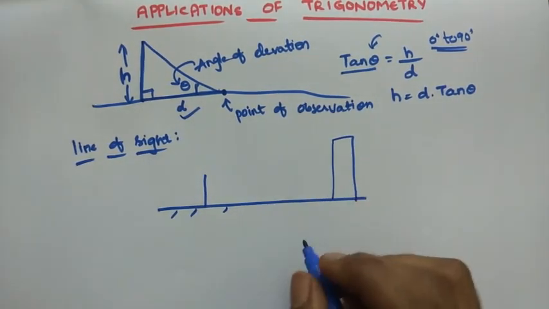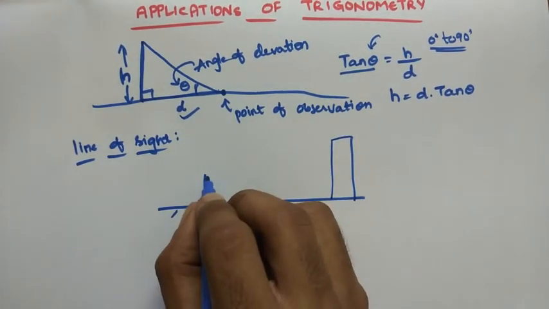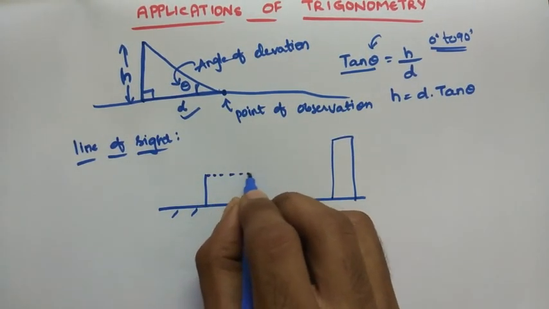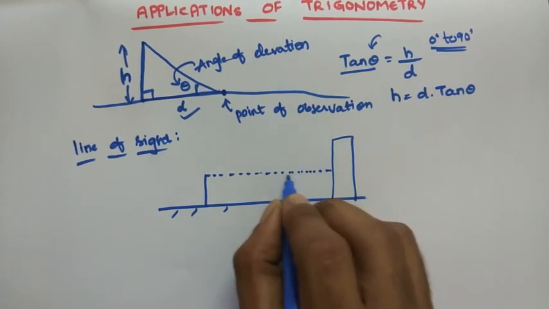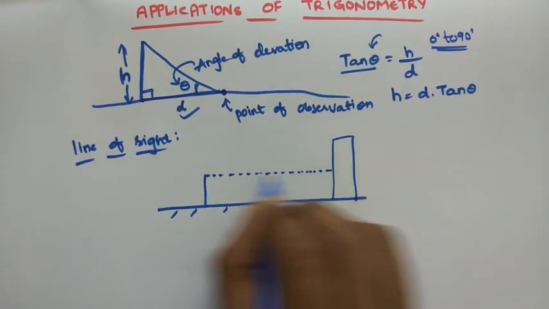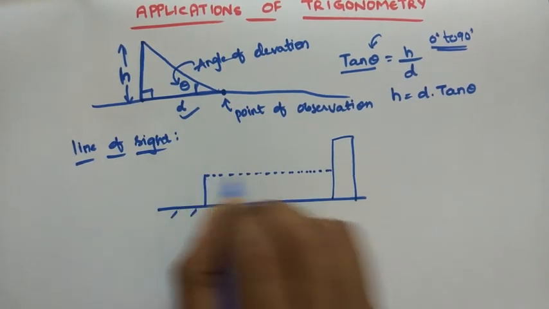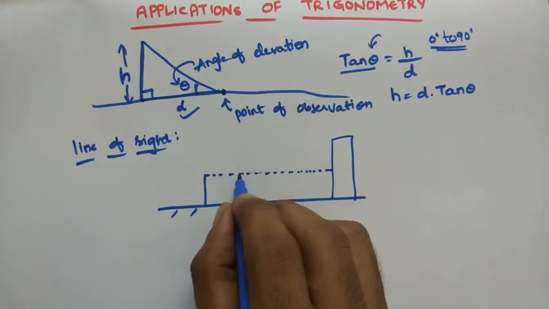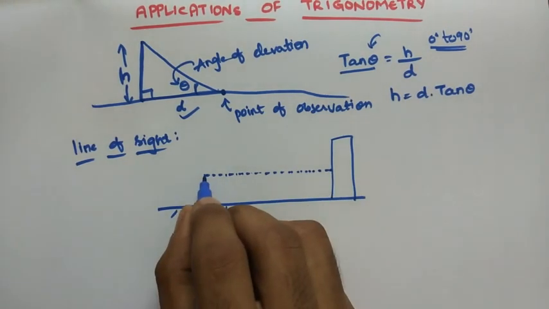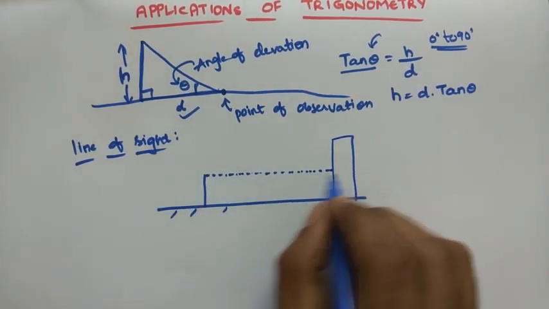Now if he sees straight, this is the path it is going to trace. From his eyes to the object, this is the line traced when he is seeing straight.